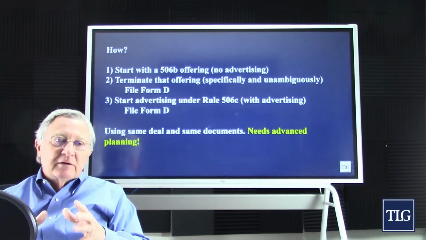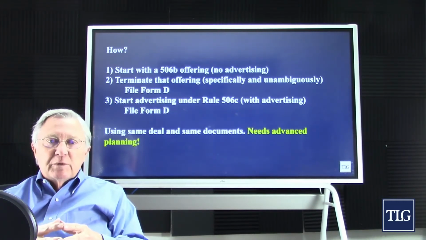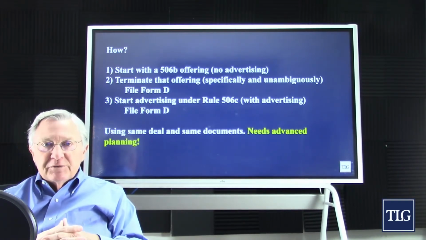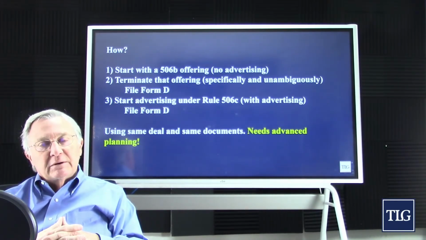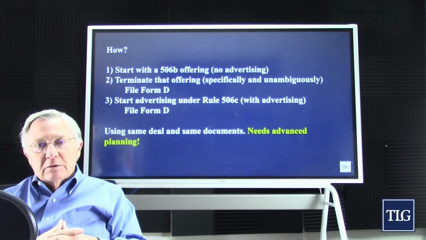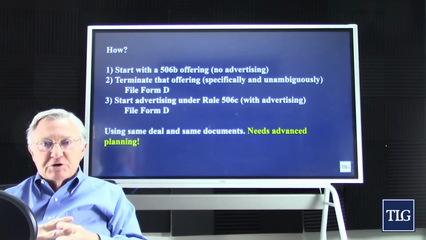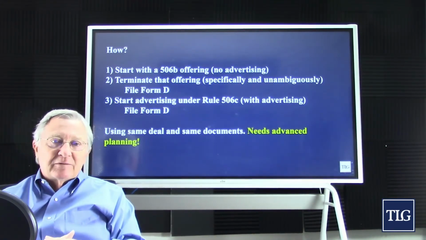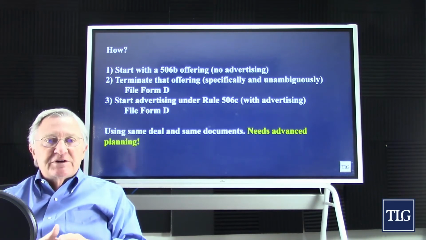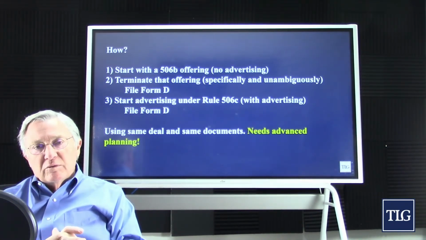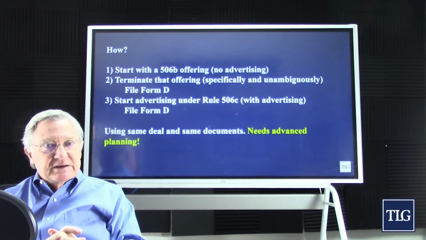And I envision in our documents that we would have, let's just say Class A investors coming in through the 506B offering. We close that down. We send a Form D to the SEC. And then Class B investors come in through advertising. We raise the money there, close it down, and send a Form D to the SEC.